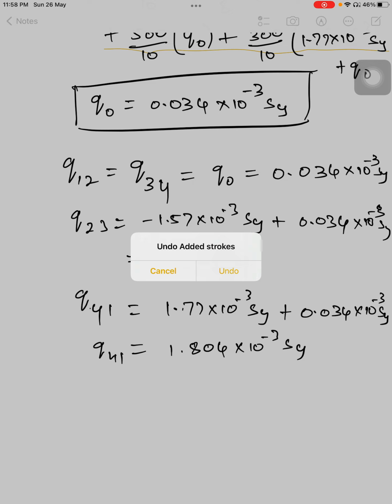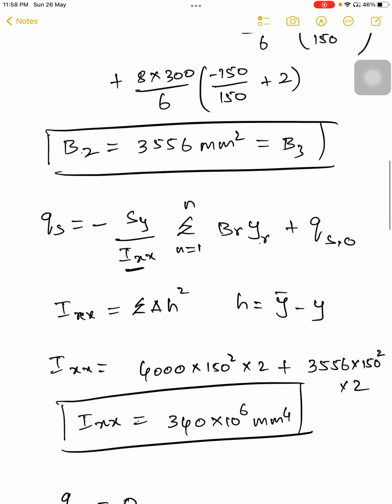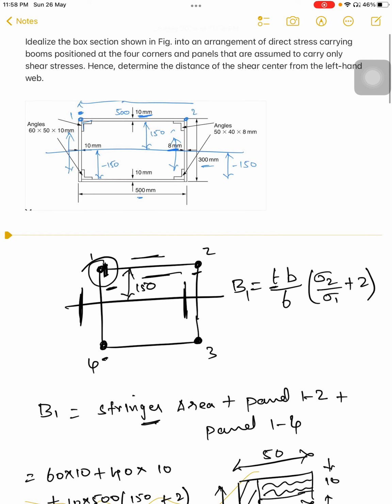For this we are going to take a moment at this point, because in the problem statement, they have said determine the distance of the shear center from the left hand web.